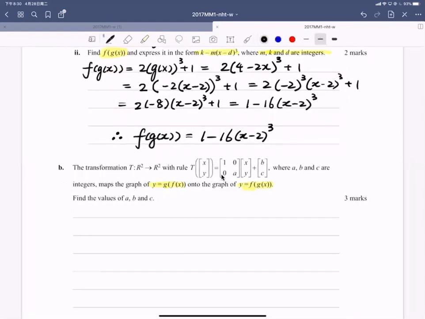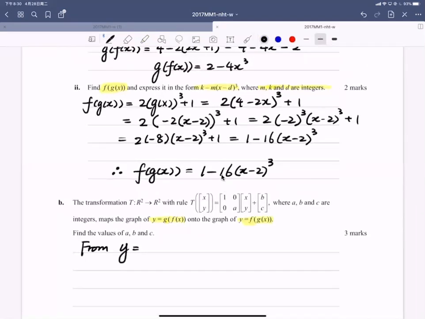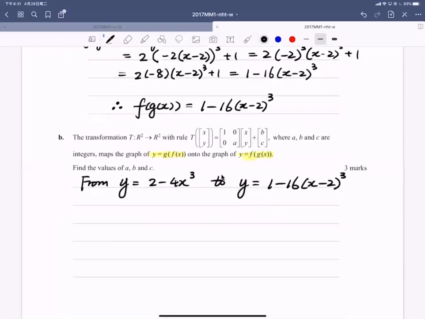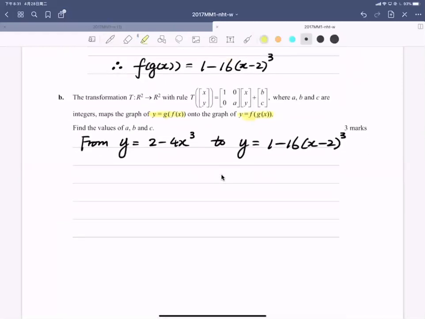Let's go from y equals 2 minus 4x cubed to y equals 1 minus 16(x minus 2) cubed. I think this value a here is a dilation of a from the x-axis. Translation is b and c, okay?